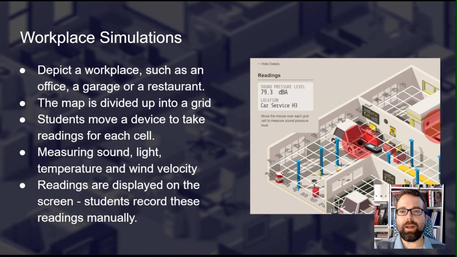The readings that the device takes and the grid coordinates are displayed on the screen, and the students record these manually as they're completing the lab. The image in this slide shows one of those workplace simulations. It's an isometric view of a garage with the map divided up into a grid and a sound level meter over a car engine. And on the left side, there's a readout showing the decibel level being read at that location, as well as the specific coordinates on the grid.